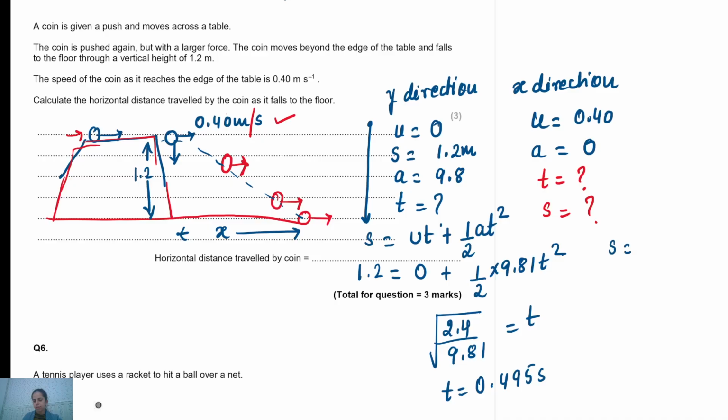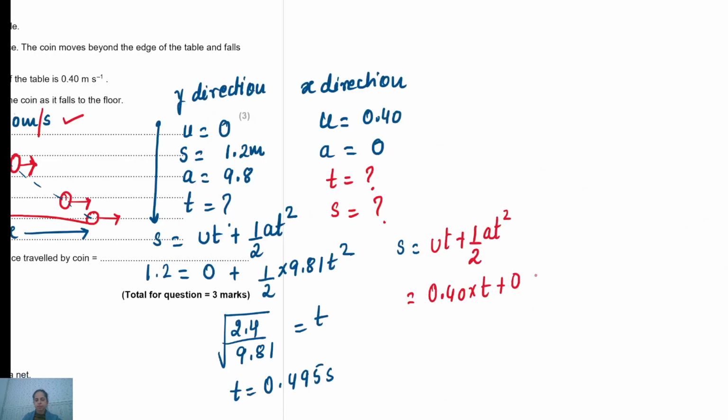Acceleration is 0 because there's no acceleration in the x direction, so the second term is 0. So 0.40 times 0.495.